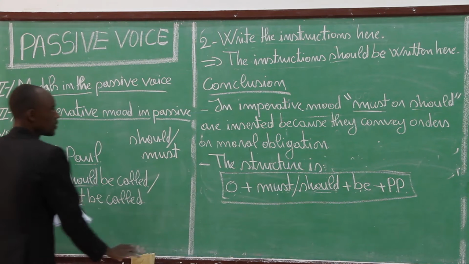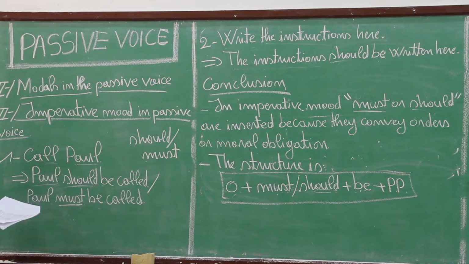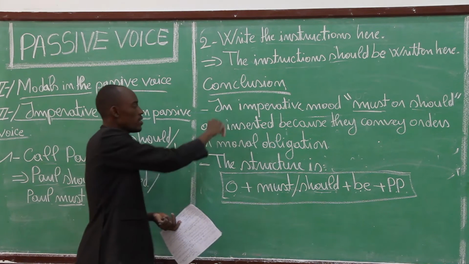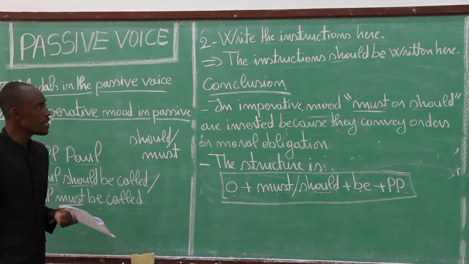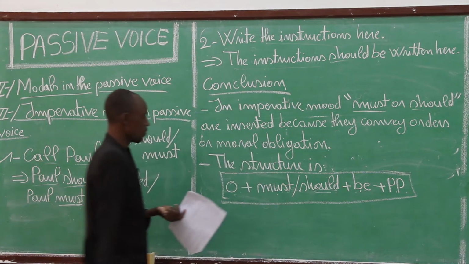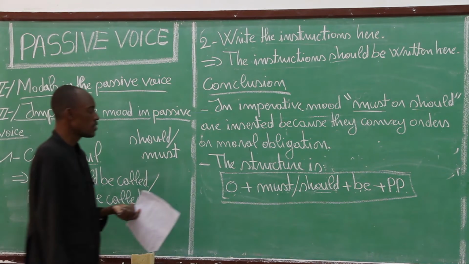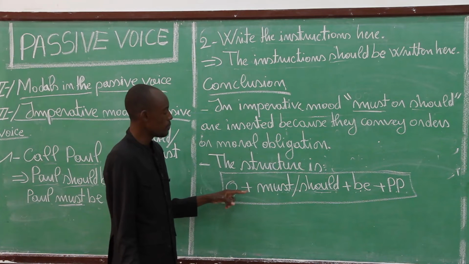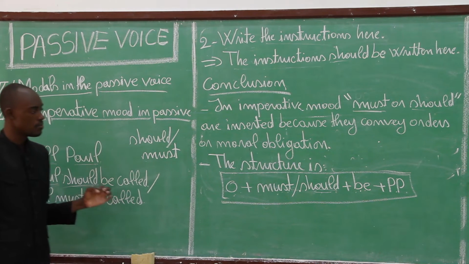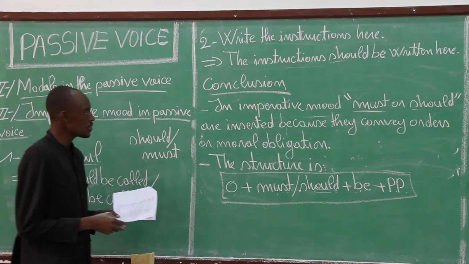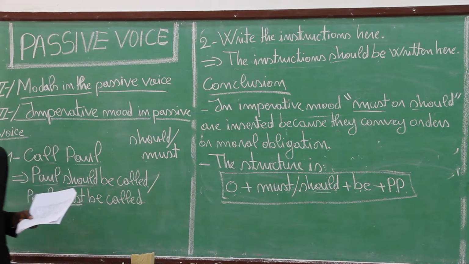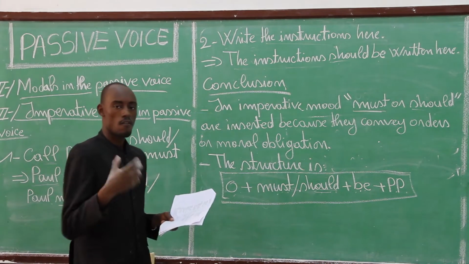You can write: in imperative mood, must or should are inserted, insérés. To insert means insérer, because they convey orders or moral obligations. This is the structure of passive voice when sentences are in imperative mode. The secret here is to respect the structure if you want to be good at passive voice.